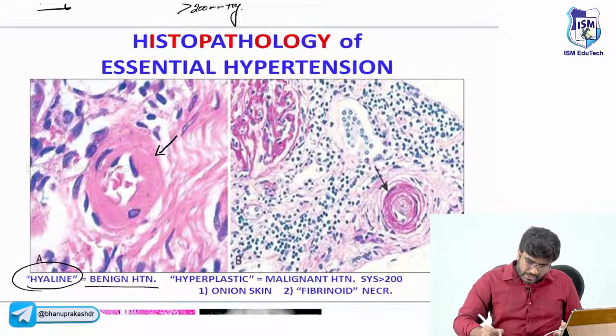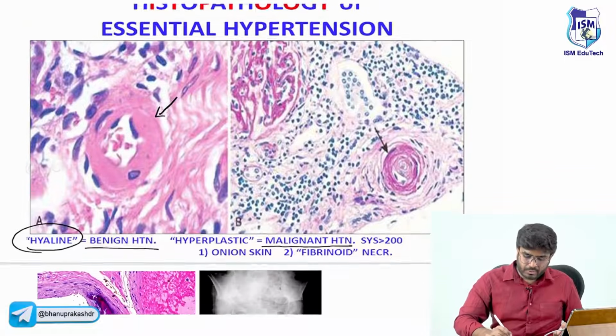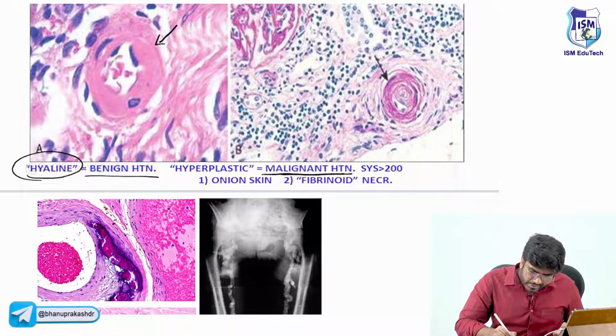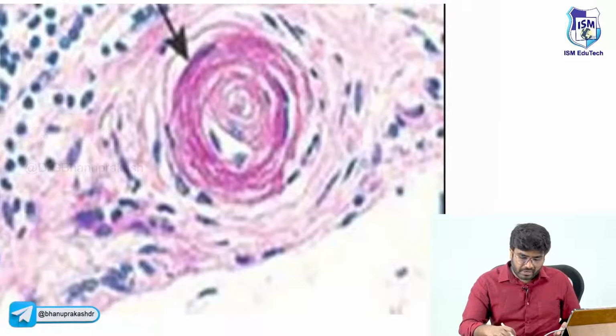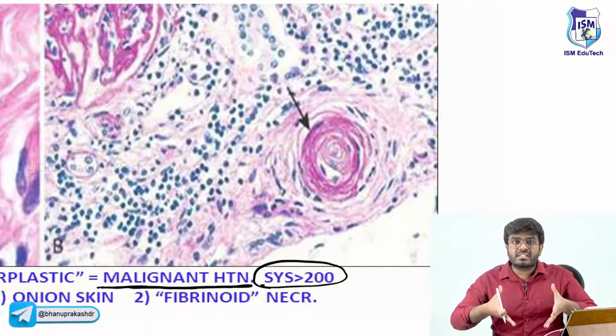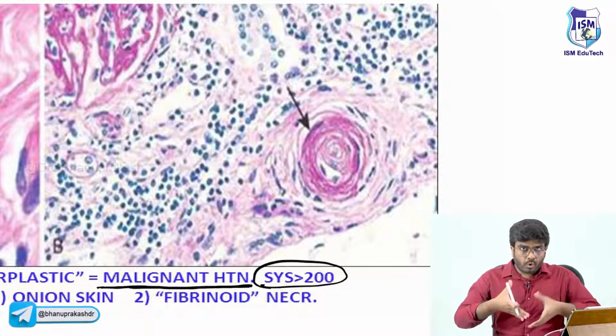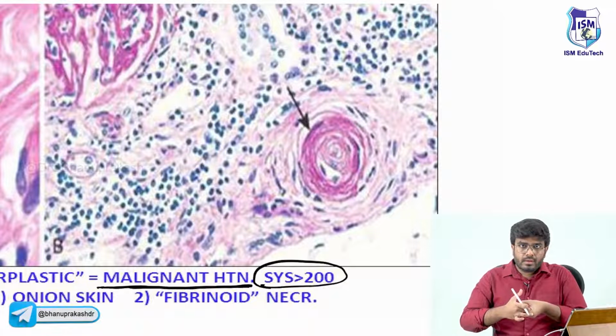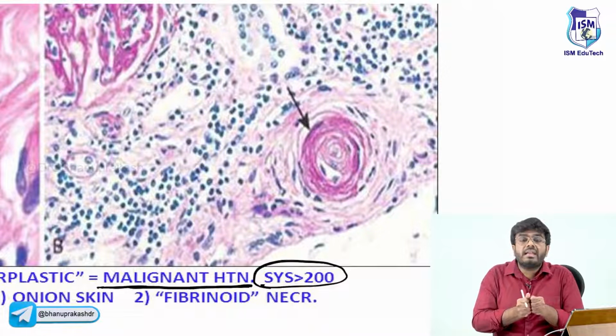Now, if you are suffering with malignant hypertension, the systolic blood pressure greater than 200 mmHg, look at how the blood vessel looks. There is more and more pressure, and the blood vessels can even rupture.